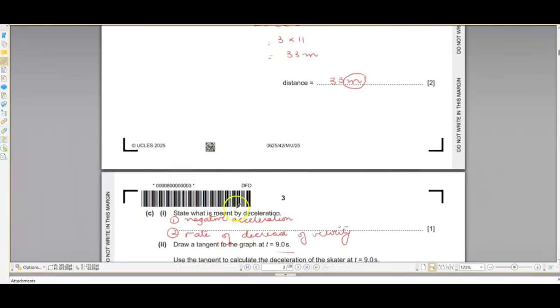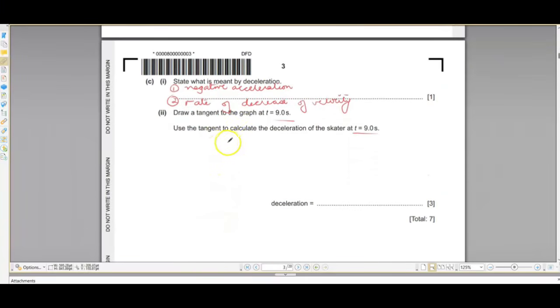So for the gradient, what we do is we use the formula y2 minus y1 by x2 minus x1. So our y2 can be 2.2 and y1 is 1, and x2 can be 8 and then x1 can be 10.